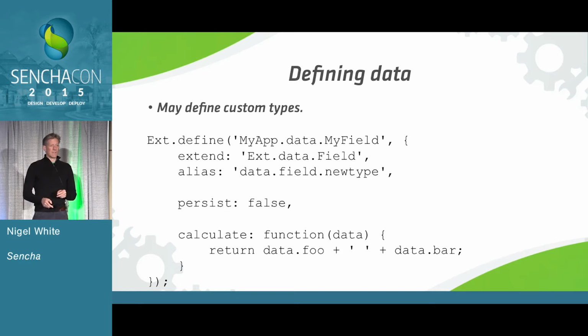Using a calculate function means that the value of the field is recalculated if any fields on which it depends change. So what we do here is we parse that function, and if foo or bar are changed, then instances of this field are recalculated. We'll see that demonstrated as well.